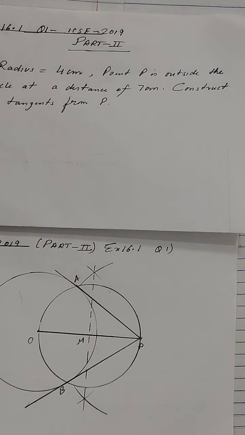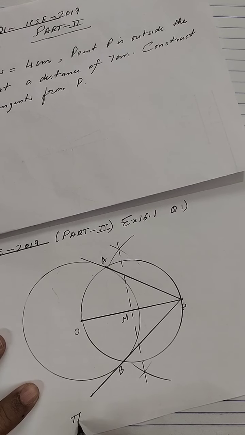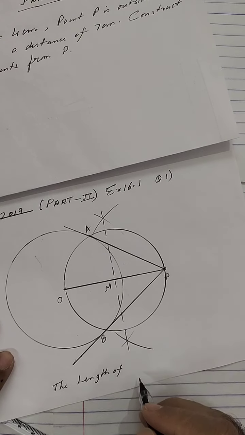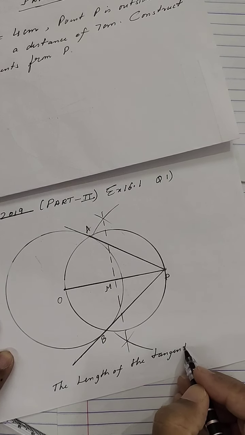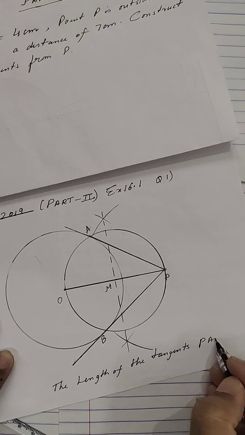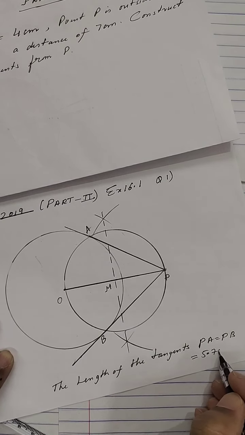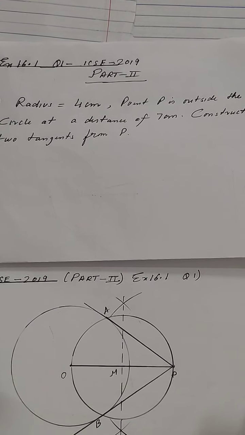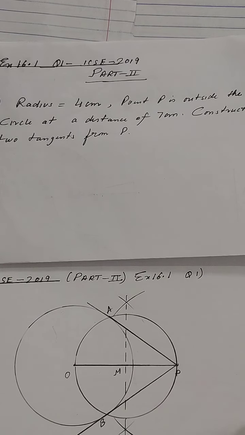So we have to write it with pen: the length of the tangents PA is equal to PB is equal to 5.7 centimeter.